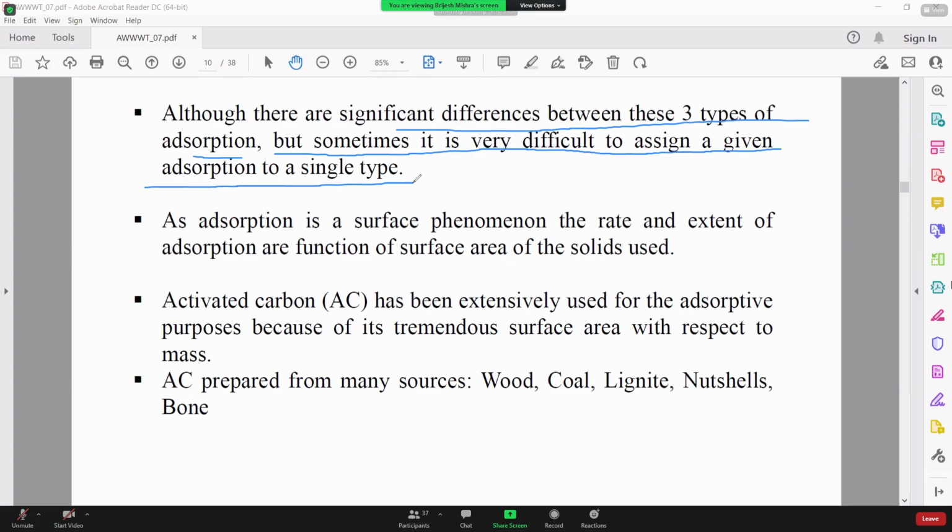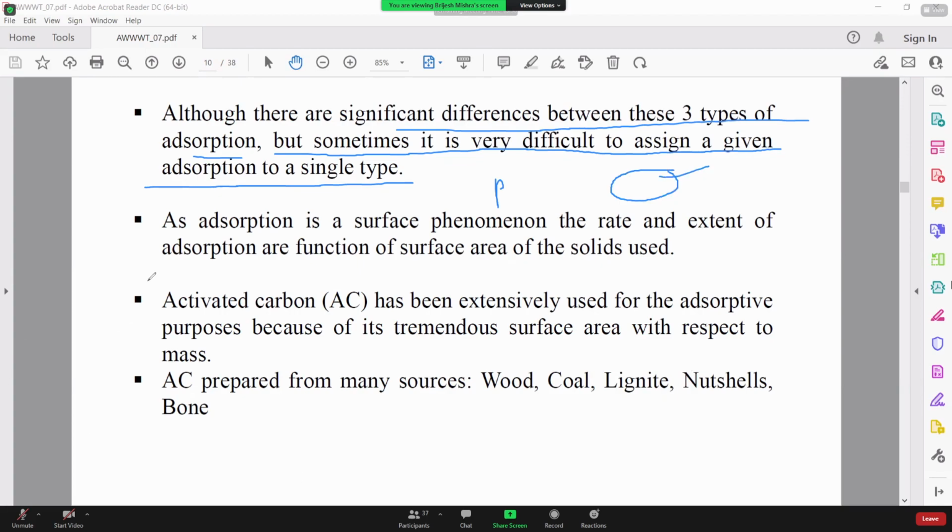Or we can say that most of the time it is because of exchange, or maybe because of physical, or maybe chemical, or maybe a combination of physical plus exchange or chemical plus exchange. And that's why it is very tough to say that a particular adsorption is done only because of the chemical process.